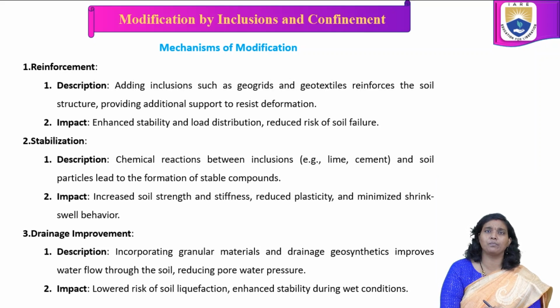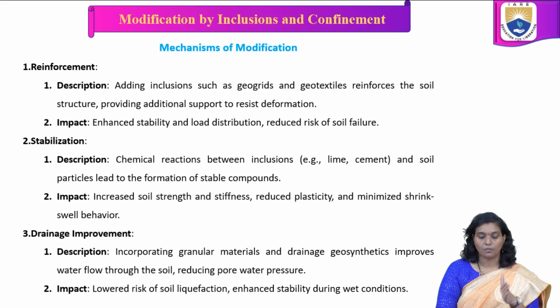In stabilization, the chemical reactions between inclusions, for example lime, cement, and soil particles, lead to the formation of stable compounds. The impact is increased soil strength and stiffness, reduced plasticity, and minimized shrinkage behavior.